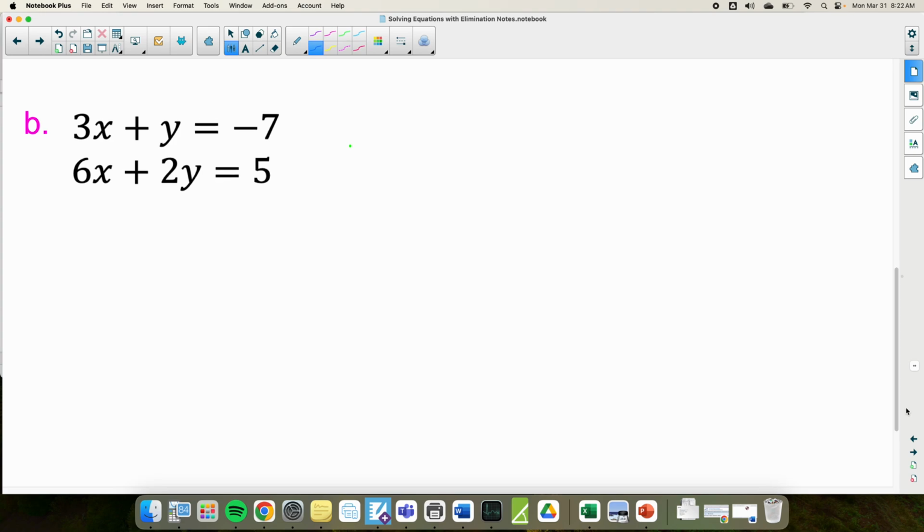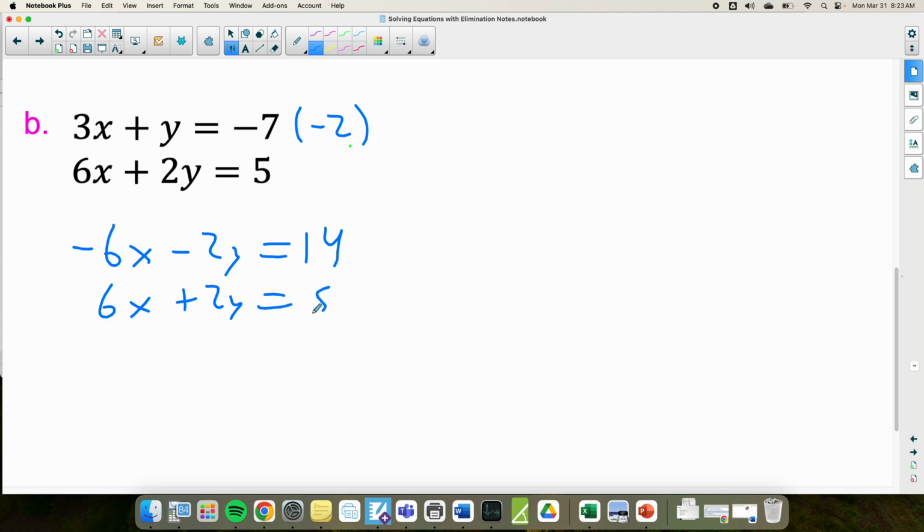So for this one, an easy way would just be to multiply by negative 2. So we have negative 6x minus 2y equals 14. And then this one stays the same. You add them.